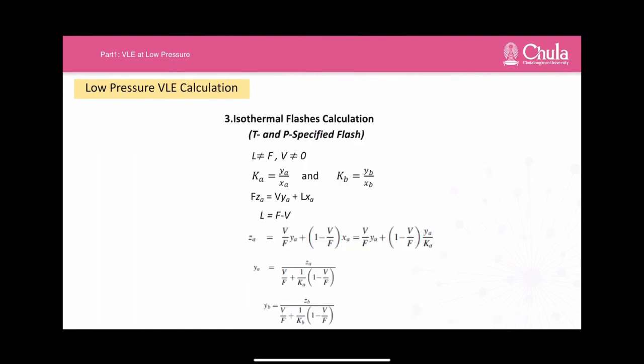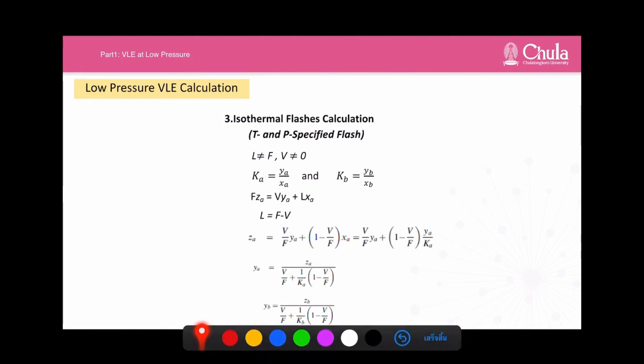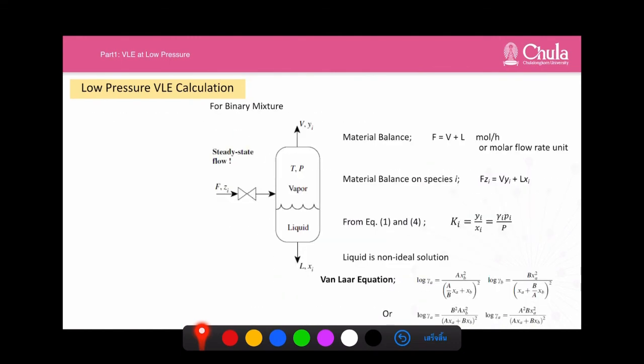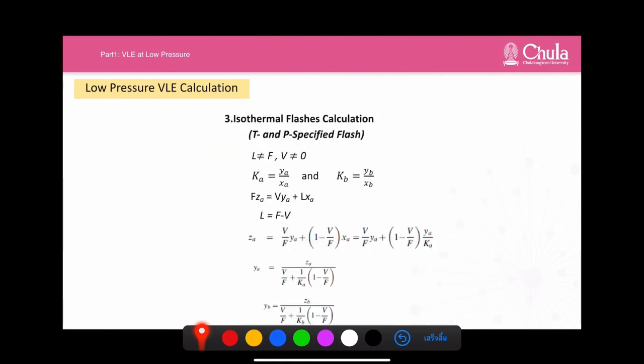And the next type of calculation is isothermal flash calculation. For flash calculation, we have information of the feed stream. We know zi. Okay, so we have to apply the whole range of expressions here. We have to write the VLE, right, as this one, or well, you can use modified Raoult's law.